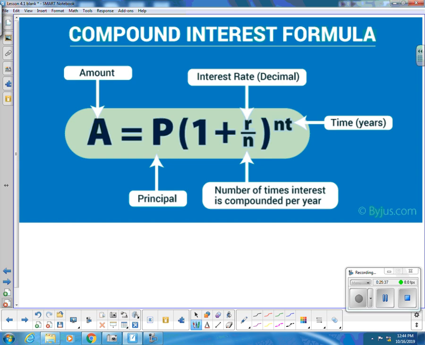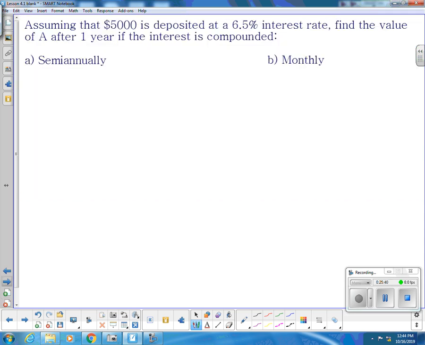Okay? Here we go. Assume that $5,000 is deposited in a 6.5% interest rate. Find the value of A after 1 year if the interest is compounded semi-annually. So the amount in the account is principal times 1 plus the interest rate as a decimal.